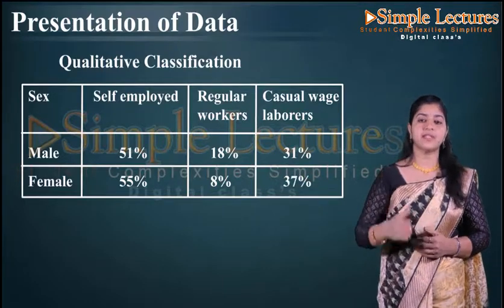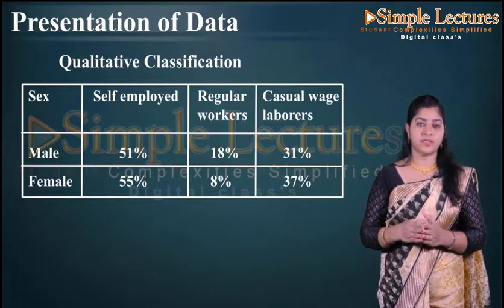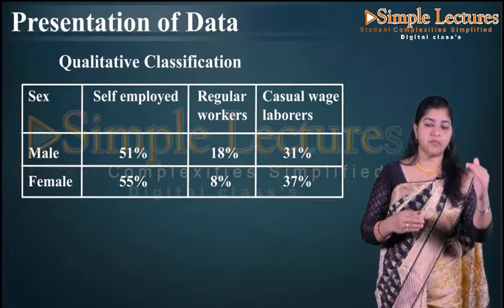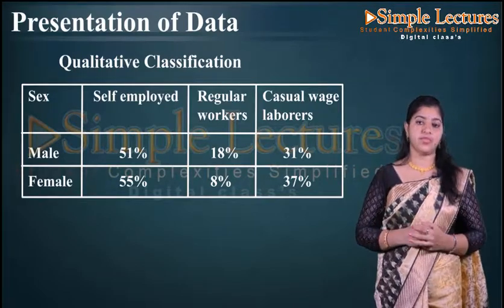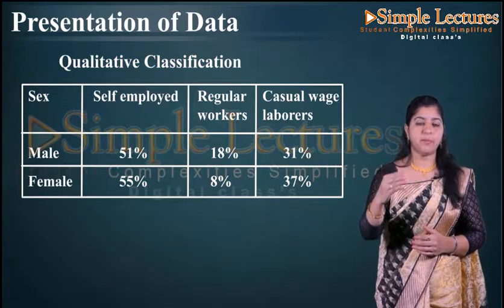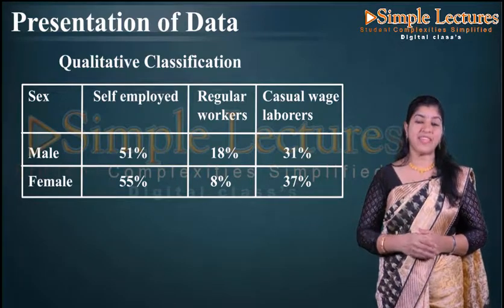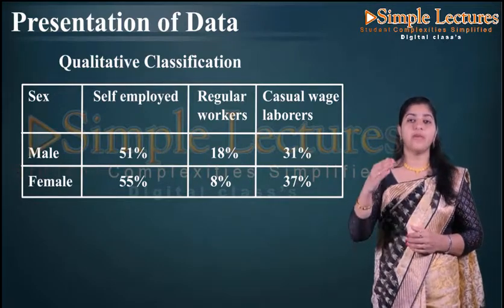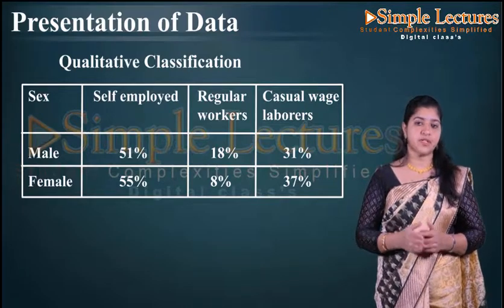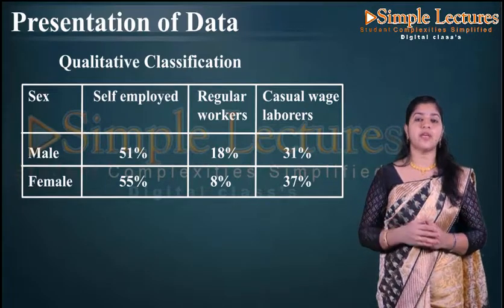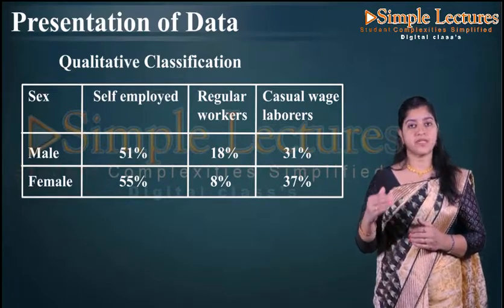So here we can see different types of workers, self-employed, regular workers, and casual wage laborers, with the male percentage and female percentage for each. This way, this is the type of qualitative classification.